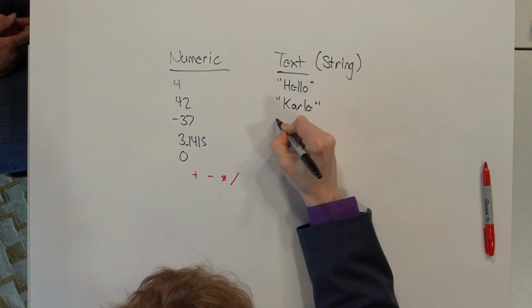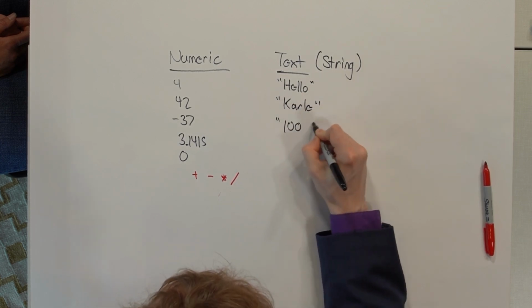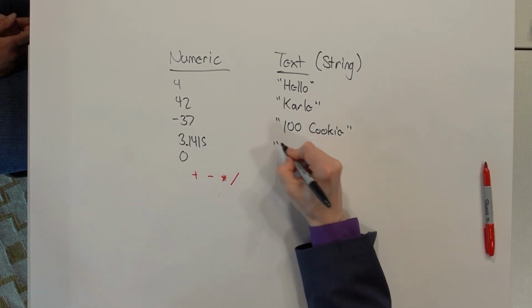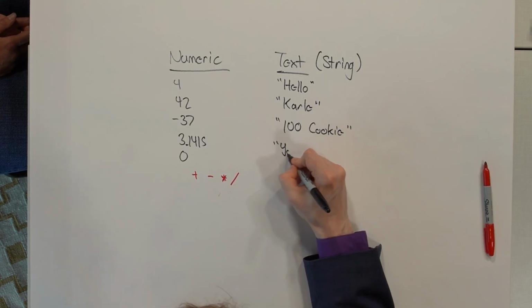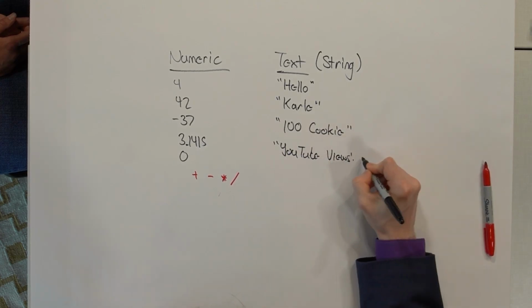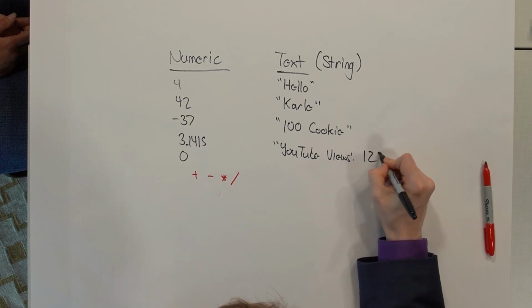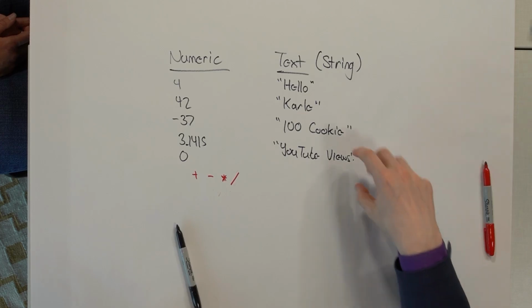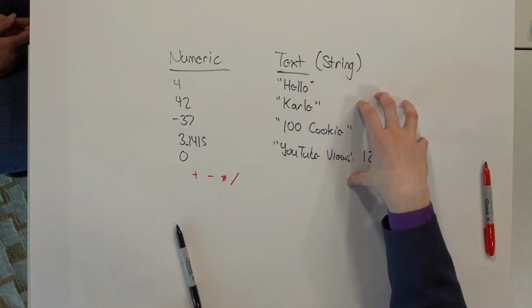We might even talk about cookies, and we might say I have 100 cookies in my cookie jar. I may also be looking at YouTube views and might have a number at the end saying that a video has 123 views on YouTube. Some of these contain numbers inside of them, but as a unit, they're an entire string.